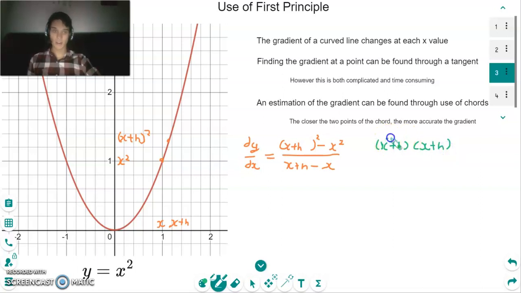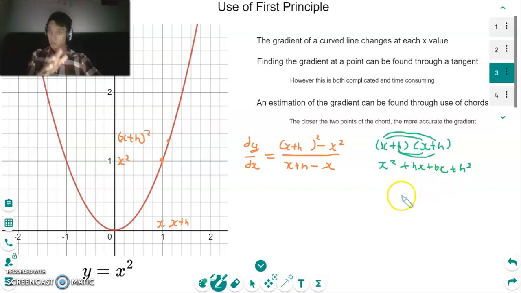So we're taking x times x is x squared. Then we're taking x times h, so call this hx. And then h times x, which is just another hx. And then we're taking h times h, which is just h squared.